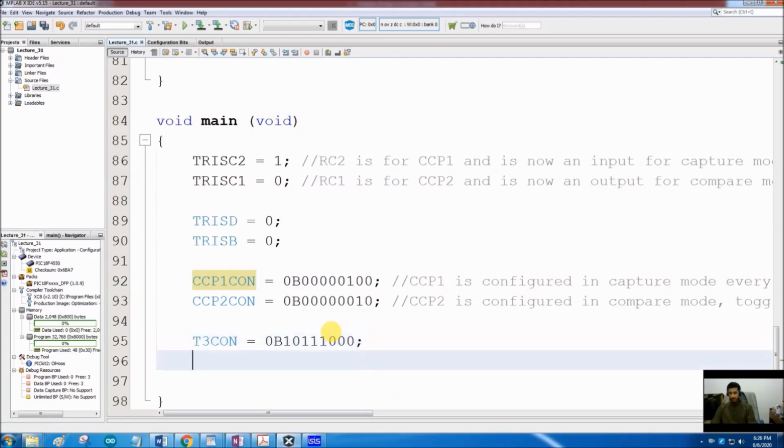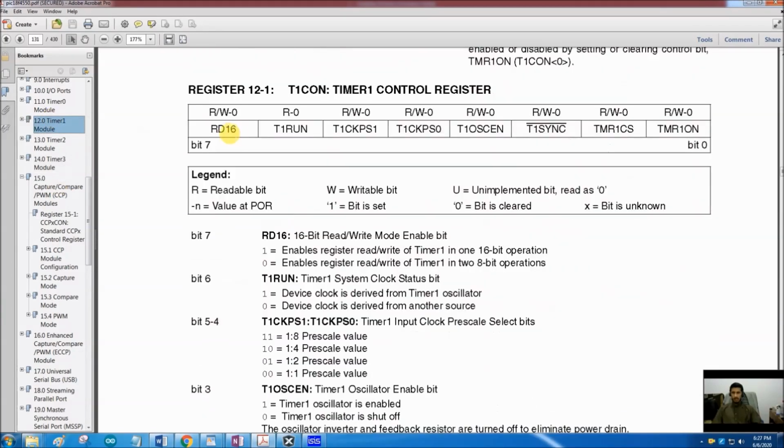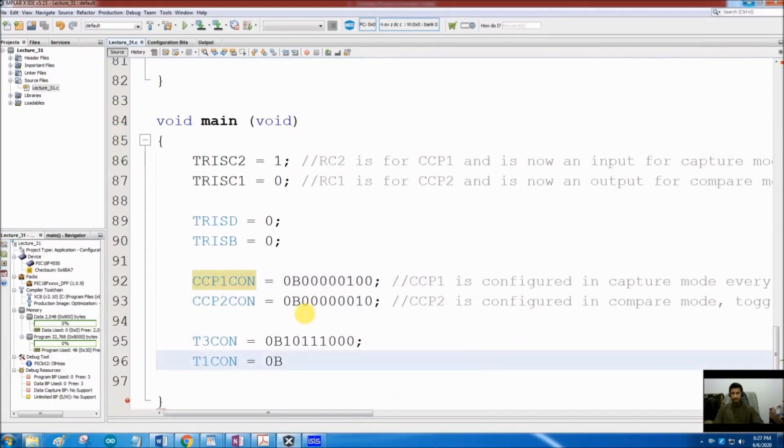Now what's left? Timer 1 is associated with CCP1. So T1CON is equal to 0b. What value? We are going to use it in capture mode. So let's give a value of 1, 0, 0, 0, 0, 0, 0, 0 to Timer 1. No prescaler and no external clock source, nothing. Only enabling the 16-bit read-write mode.